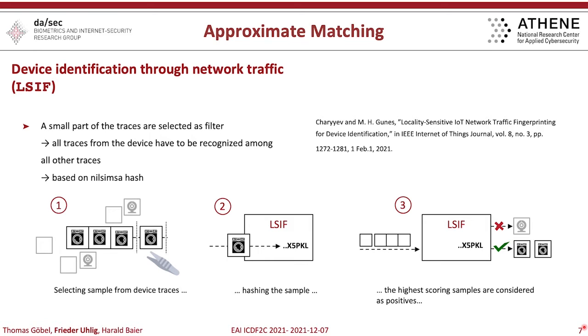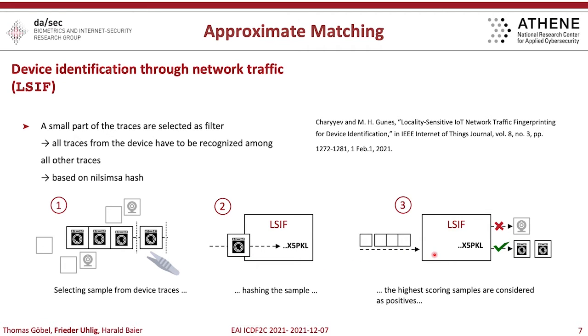The basic idea of their research was that you take the activity of a device and you select a certain sample from this device. And this sample serves as a filter. So their Elsif architecture is handed over this little filter.